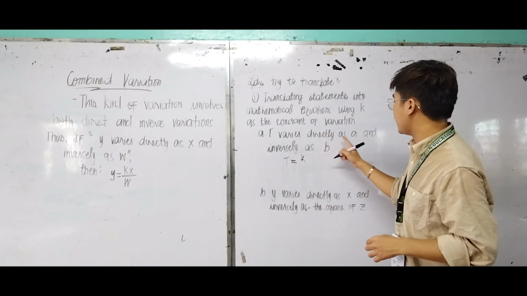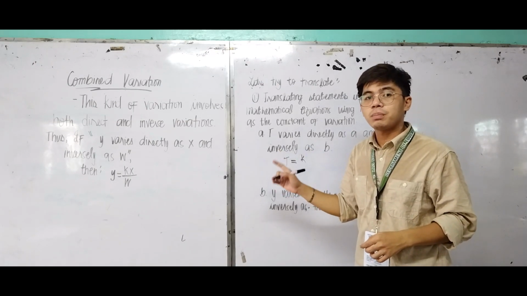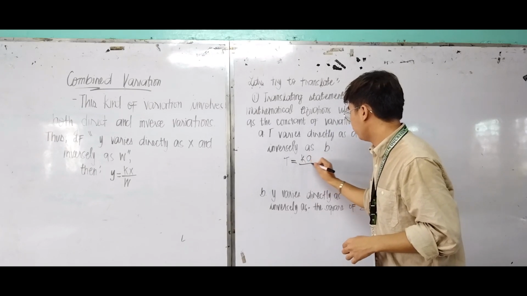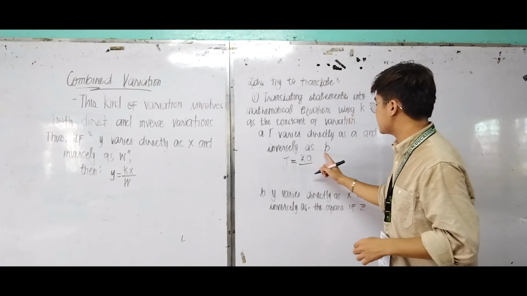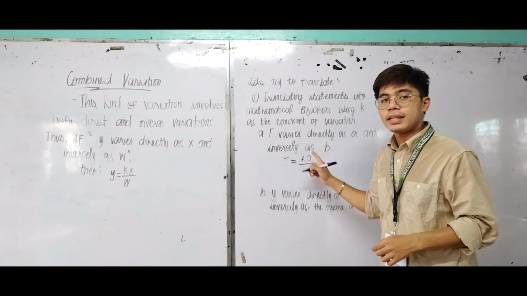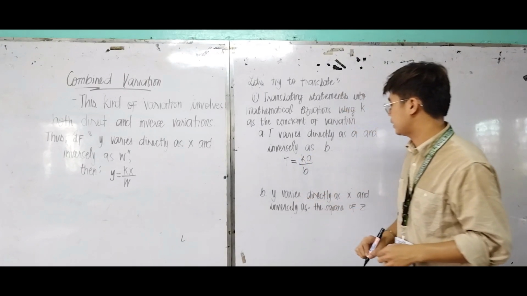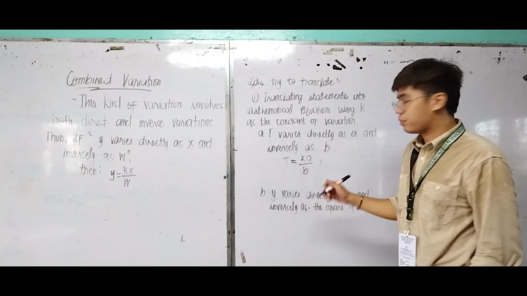And then directly as A, that means you will multiply k by A. Over, inversely as B, that means B will be your denominator.